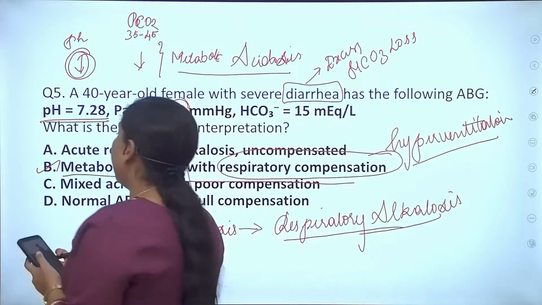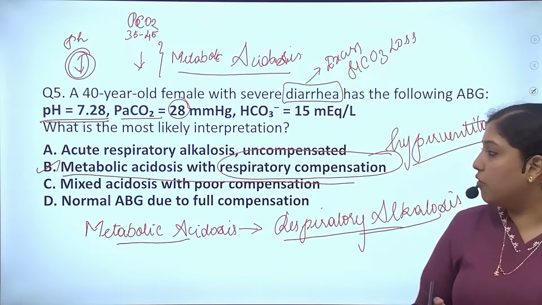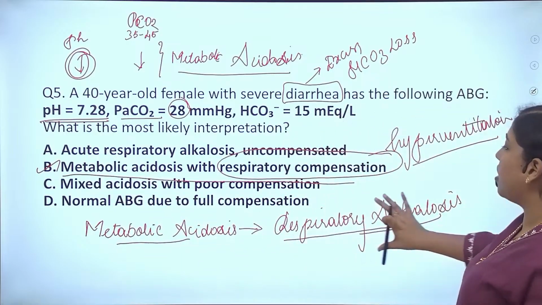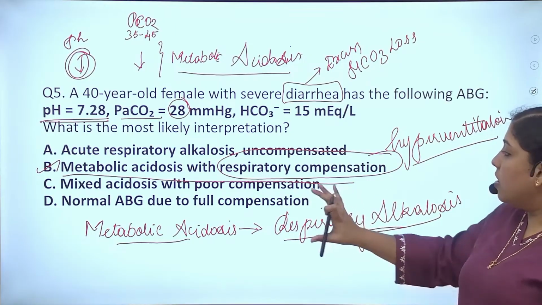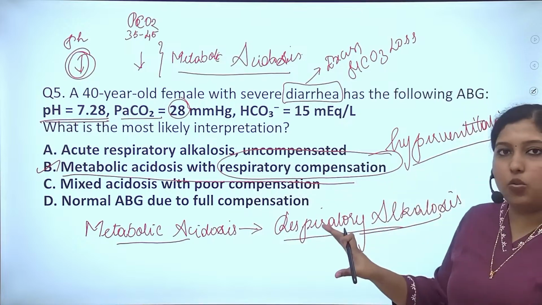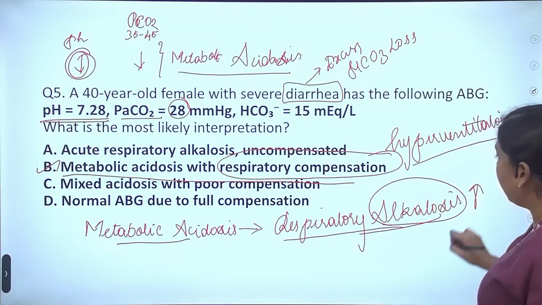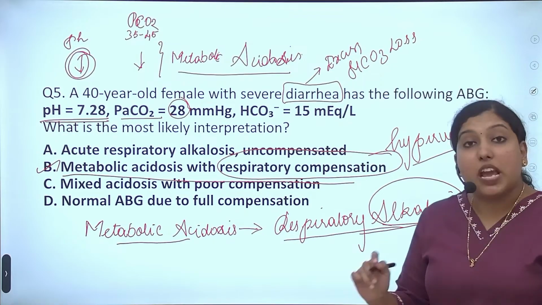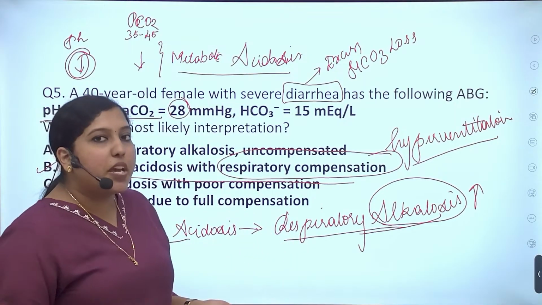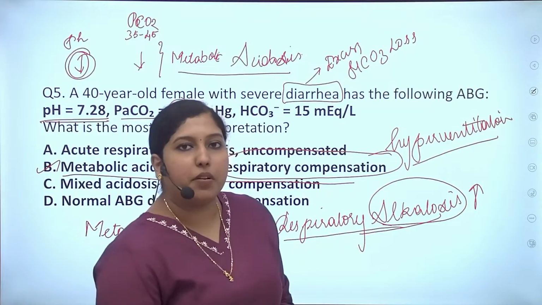Please remember children, if at all you get confused, as I said, think about metabolic acidosis, the exact opposite is respiratory alkalosis. So in respiratory alkalosis, there is excessive alkali, excessive base. When I'm doing hyperventilation, what will happen?